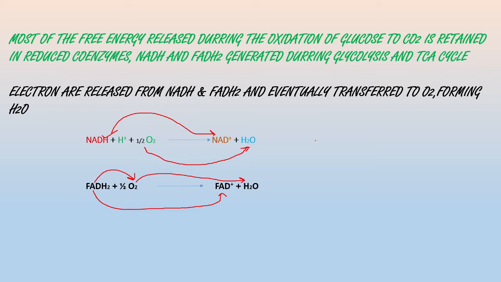To obtain a large amount of energy, the cell undergoes oxidative respiration and generates these reduced forms of coenzyme, and these coenzymes eventually release their electrons via the electron transport chain and produce energy, which we will study in detail in upcoming slides.